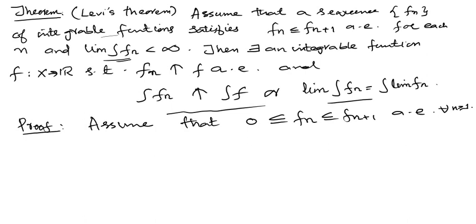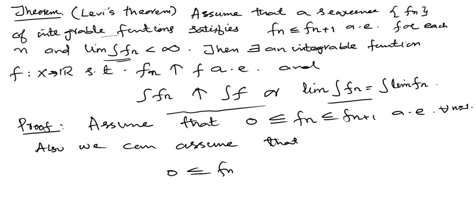And also we assume that 0 is less than or equal to Fn of x less than or equal to Fn plus 1 of x for all x belonging to X, for every x. Here it is actually almost everywhere, but we can assume that this property holds throughout X, because our conclusion is regarding integration, where almost everywhere makes no difference.